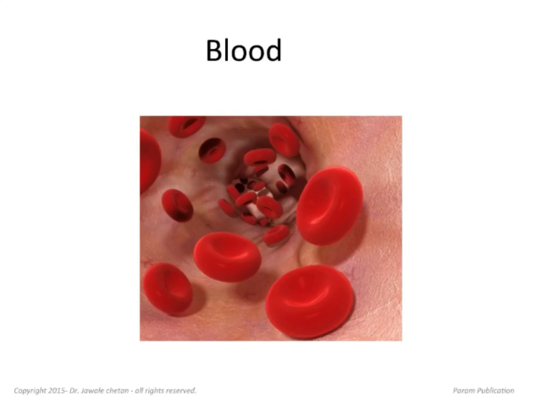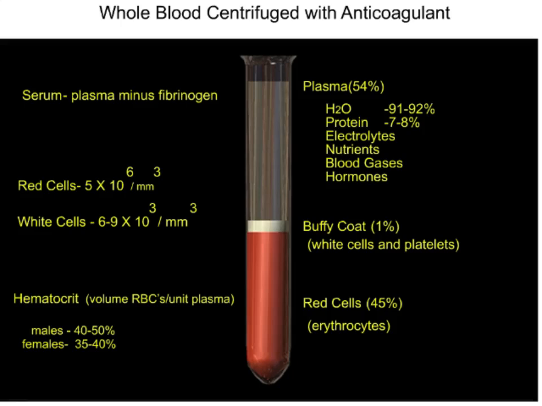Blood consists of a fluid intercellular substance, the plasma, 54%, in which are suspended the blood corpuscles, around 46%. Approximately 7% of normal body weight is accounted for by blood. Plasma, the fluid portion, comprises about 91 to 92% water and 8 to 9% solid.